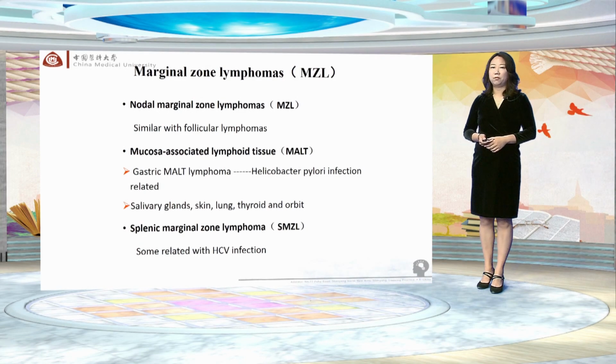Gastric marginal zone lymphoma commonly presents with symptoms of dyspepsia, anorexia, epigastric pain, and gastrointestinal bleeding.